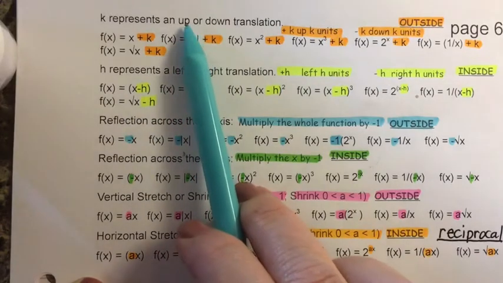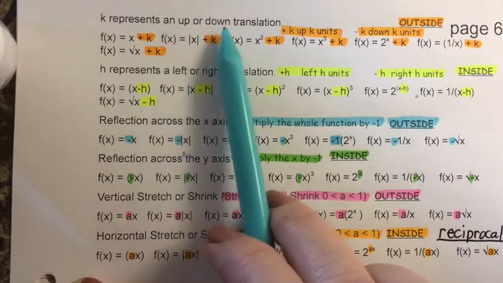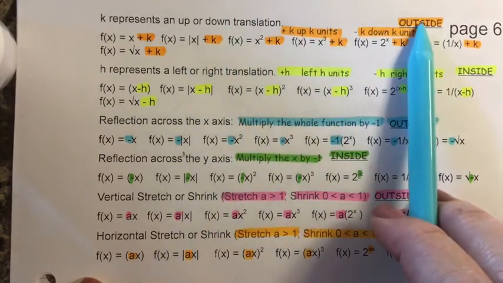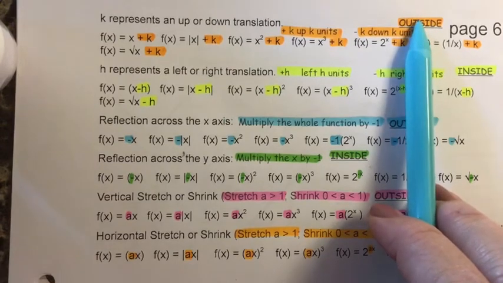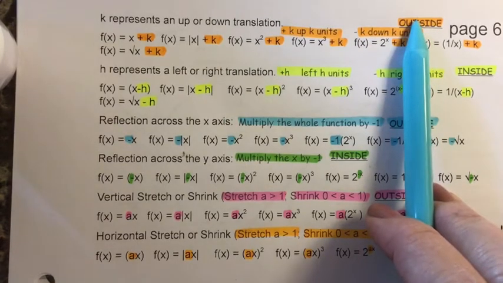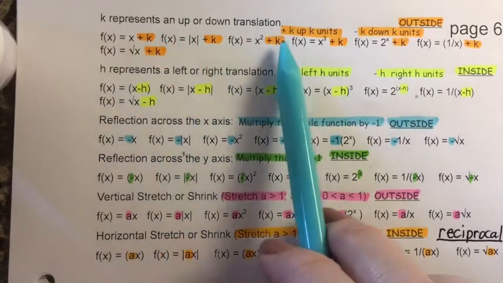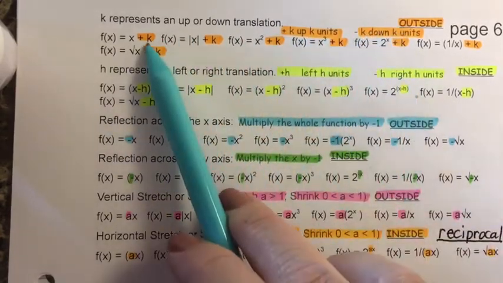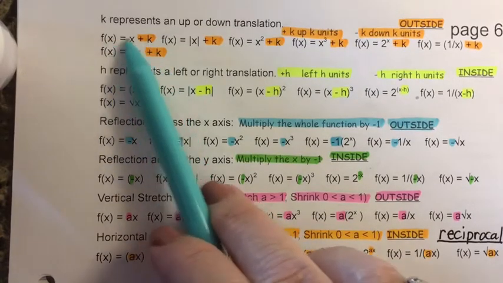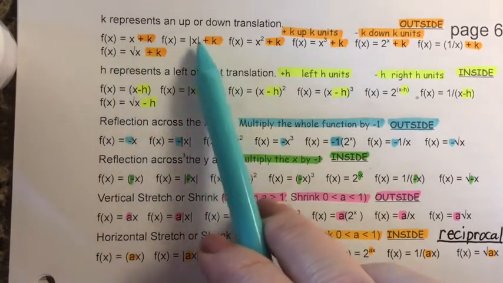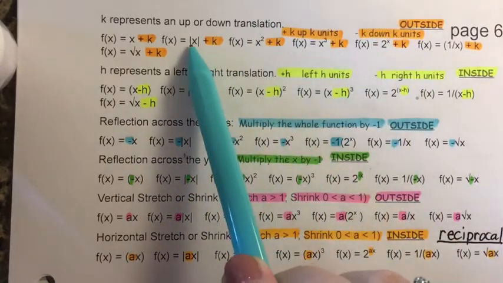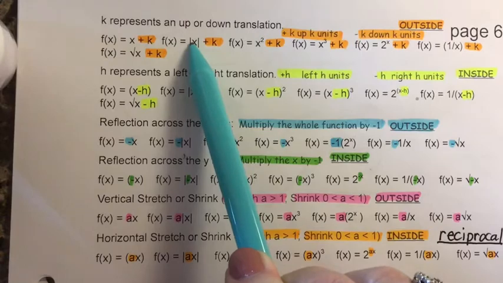If you have an up or down translation, up 4, down 4, up 7, down 7, then that number that you're transforming is on the outside. If you notice here, plus k is up k units, minus k is down k units. So I have a plus k for my linear, a plus k outside, and when I say outside, I mean away from the x. X is still alone inside the absolute value.